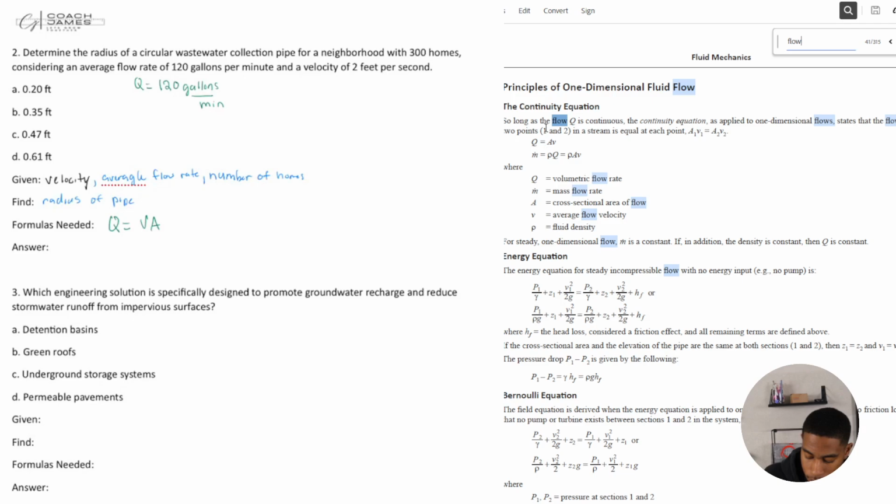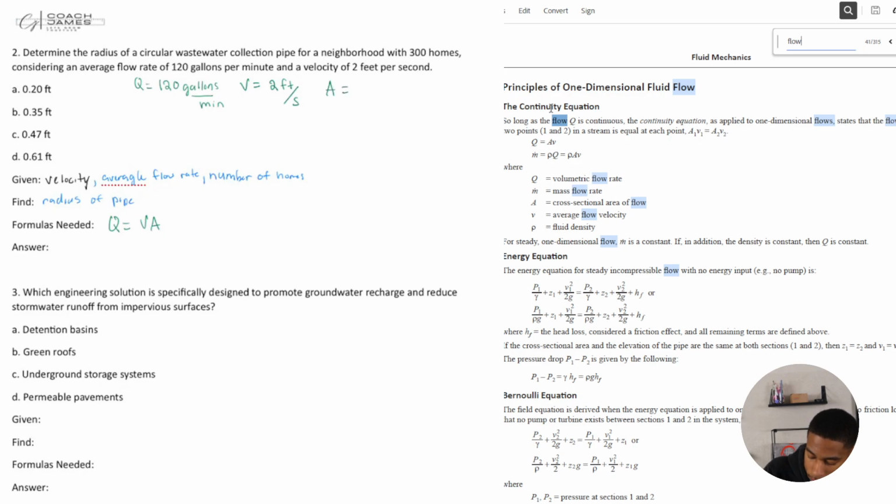My Q is in gallons per minute, and my V is equal to feet per second. So I want my units to cancel. It's very important to get my units to cancel. So 2 feet per second.